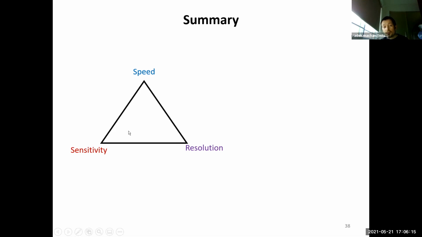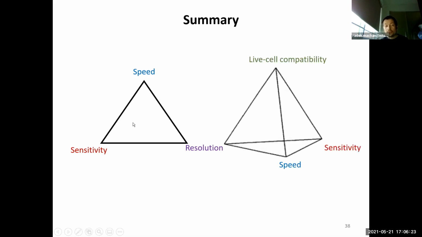And that's why I need to search for such a position in this triangle which will work the best for my experiment. For live cell experiments, I might even add another dimension to that, live cell compatibility. So then it's no more just a triangle, it's a tetrahedron.